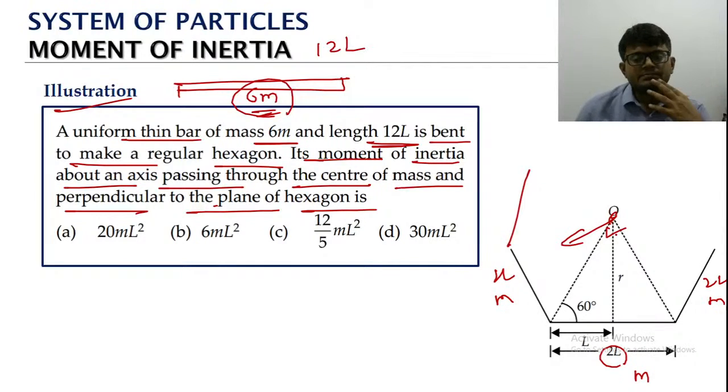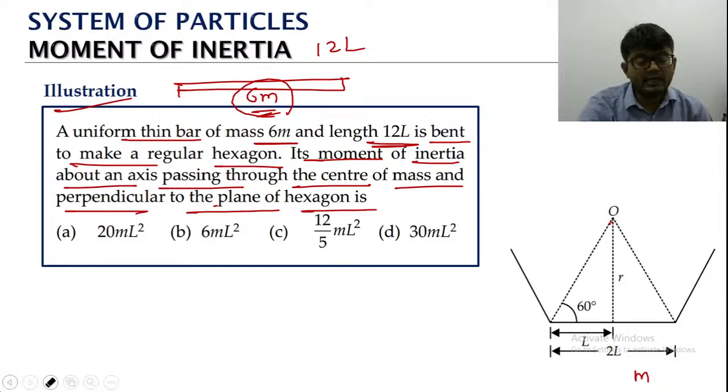It should be perpendicular to the plane of the hexagon. Now here, each side is identical or symmetric. If you take a hexagon, from the center one axis is passing perpendicular to the plane of the hexagon. Each side is identical. What we will do is try to find the moment of inertia of one side with respect to the axis that is chosen.